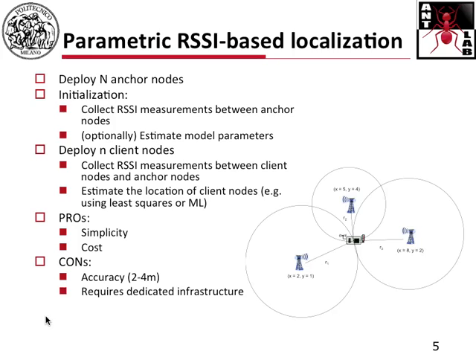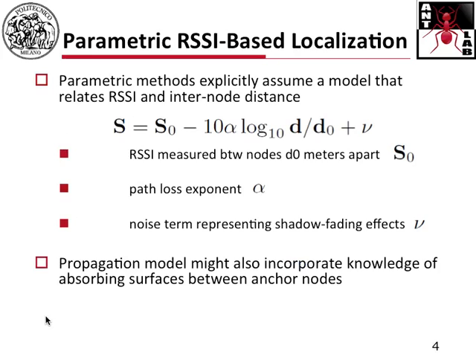So you have an error of 2 meters in localization. And this error, as we will see, is mainly due to the fact that you are using an average parametric propagation model, which is not exactly how power and distance are related at the very time you need to localize.